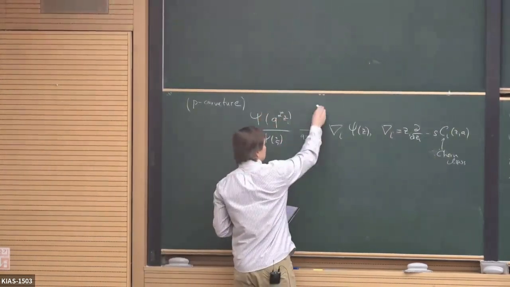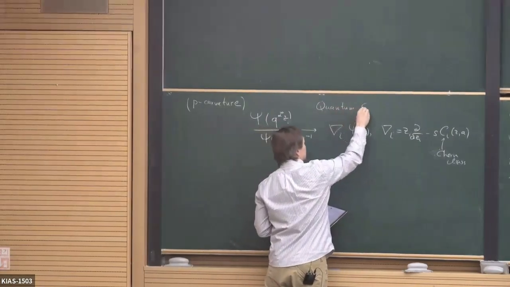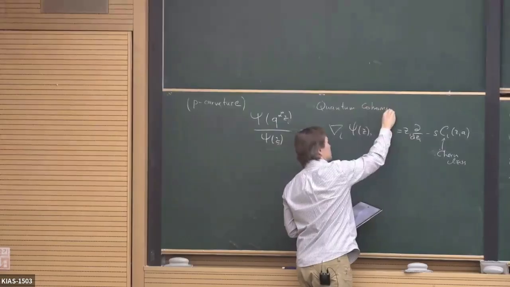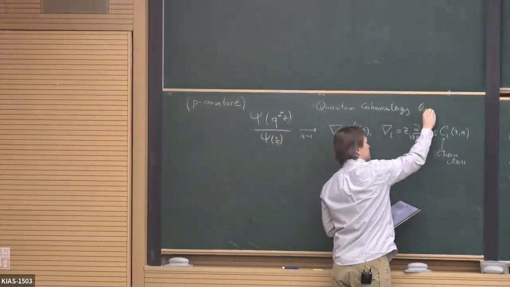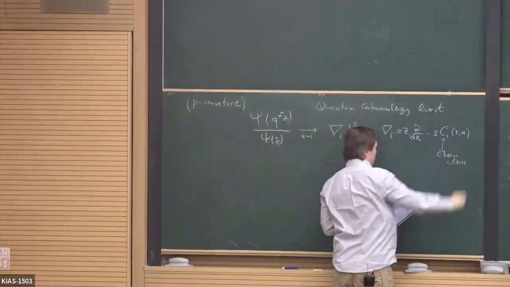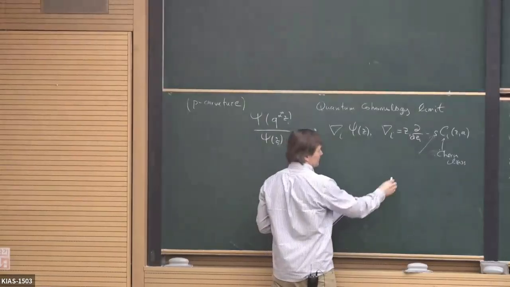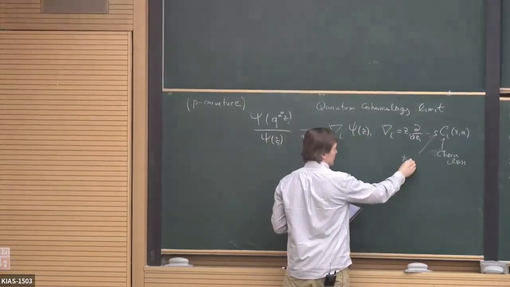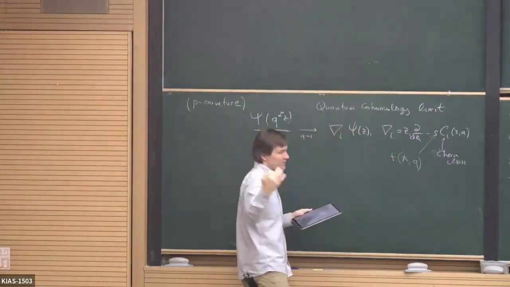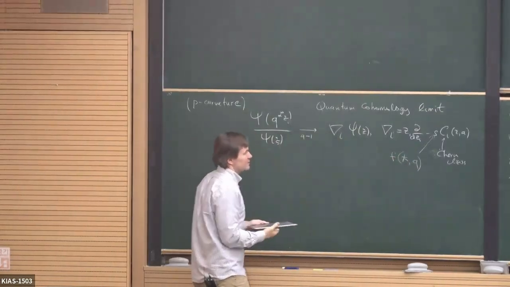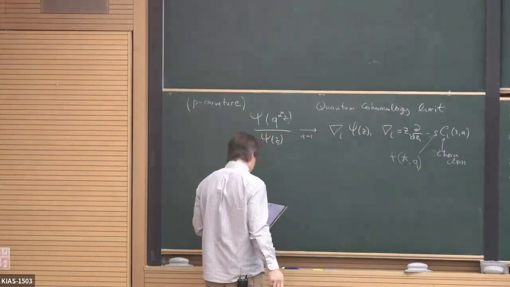So this is the cohomology, the quantum cohomology limit. And S is a certain parameter that depends on h bar and q, some kind of function of h bar and q in this cohomological limit. They all combine together, so think of it as just some parameter that comes naturally from geometry.